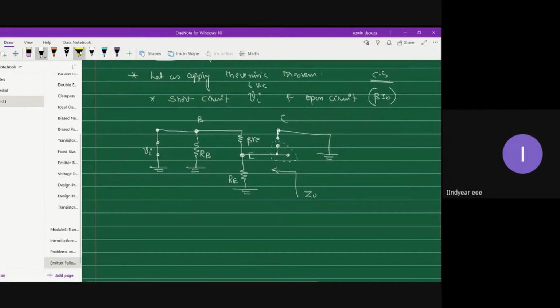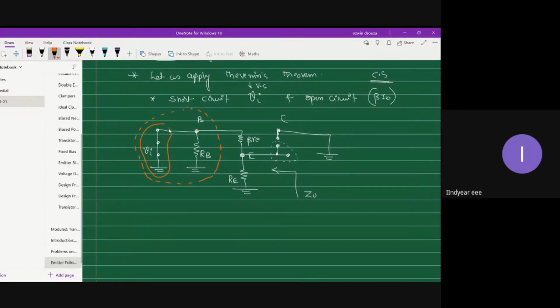Now start observing from the left hand side. Between base and ground, you have the base resistor RB on one side. On the other side, between base and ground, you have a short circuit.